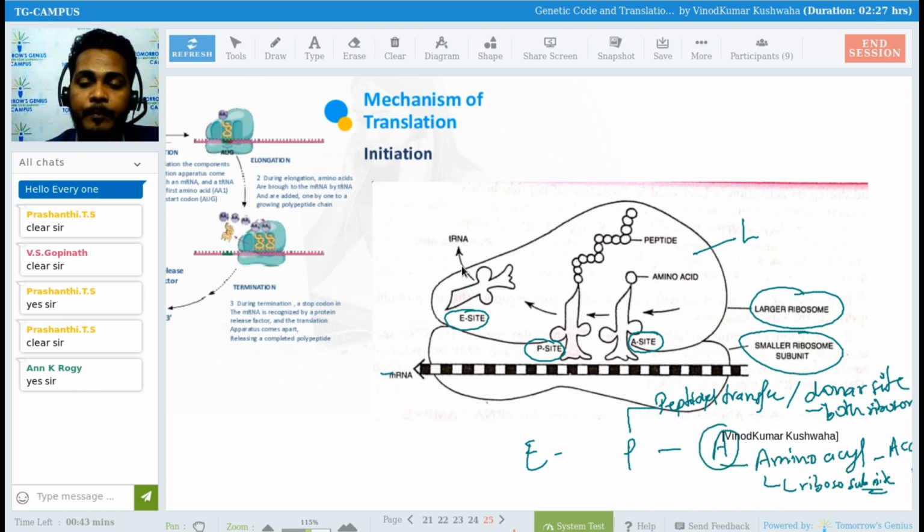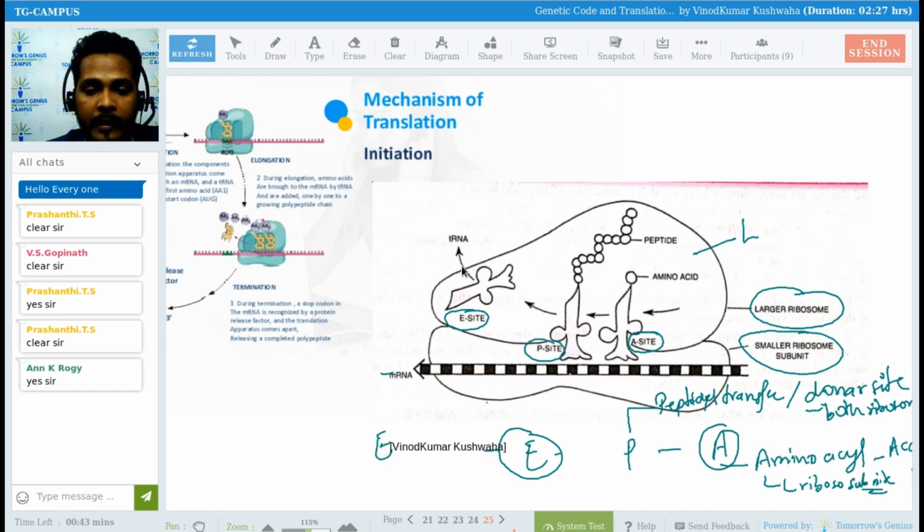That means the A site is basically fixed in the larger subunit. Then there is another one which is called the E site. E stands for exit site. The exit site is the part of the larger subunit facing the tunnel side. So this is the exit site.